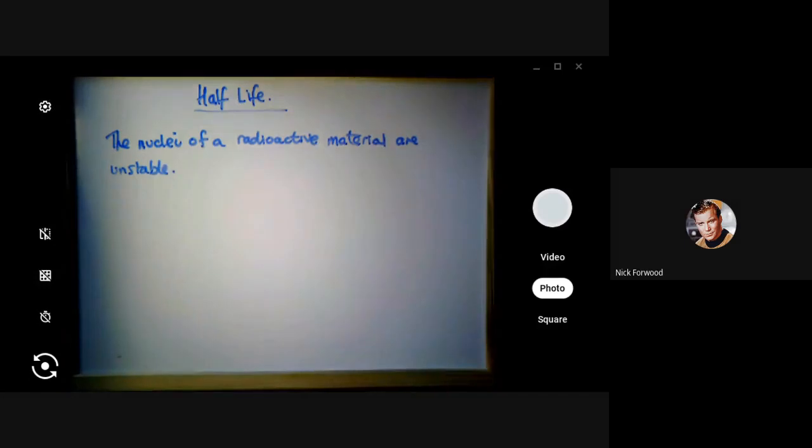So the nuclei, all those little nuclei together, in a radioactive material, they're unstable.